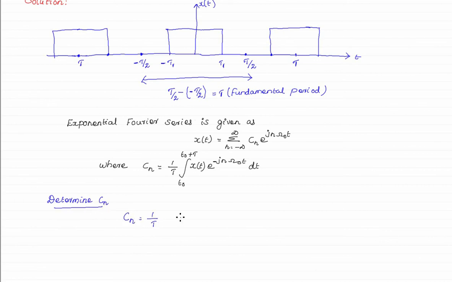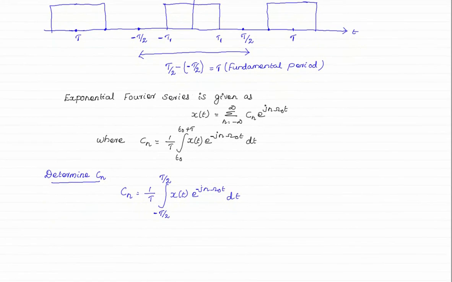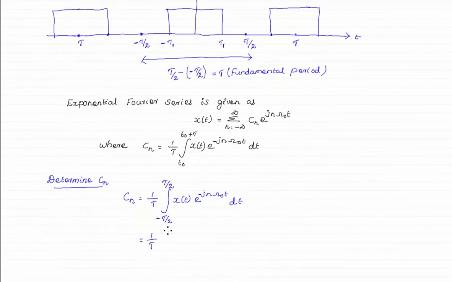For the given signal, Cn is equal to 1 by T integral minus T by 2 to T by 2 x of t e power minus jn omega naught t dt. Here we can divide the integration range into 3. First one, from minus T by 2 to minus t1, the input x of t is equal to 0.